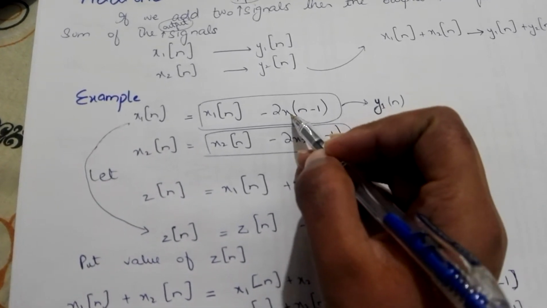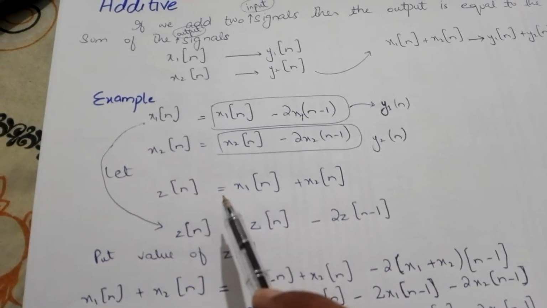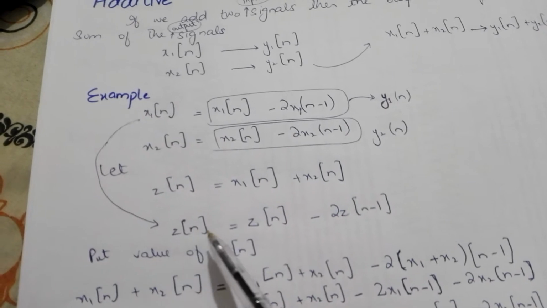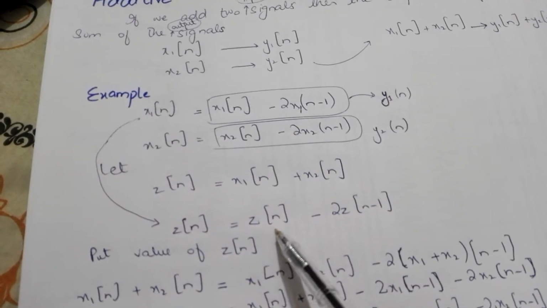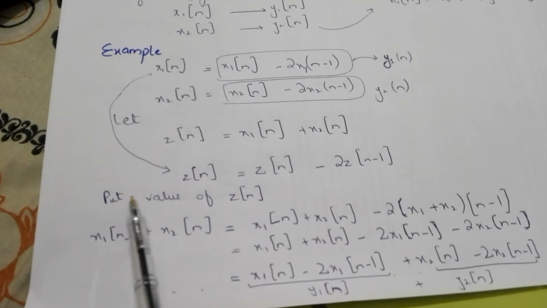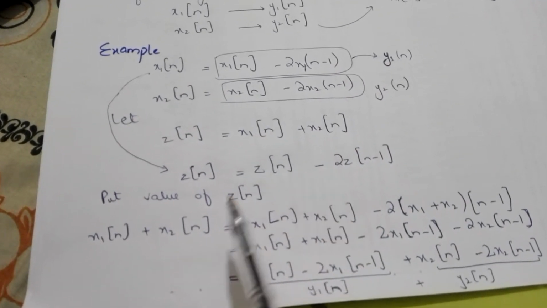I made a mistake here. Let z of n is equal to x1 of n plus x2 of n. From here we manipulate that y of z of n is equal to z of n minus 2z of n minus 1. Now put the value of z of n, which is x1 of n plus x2 of n.